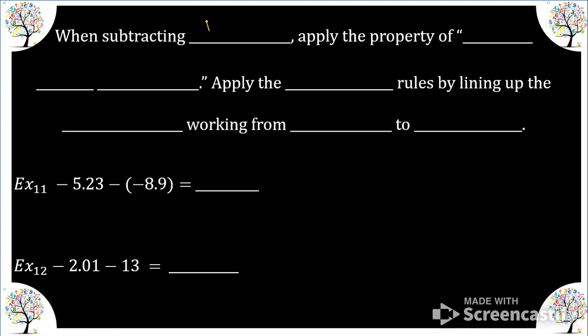Now let's look when we are subtracting decimals. So just like with integers, we're going to apply the property of add the opposite. And then once we apply add the opposite, we will apply the addition rules of integers.